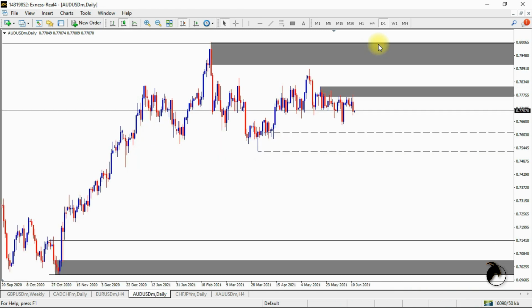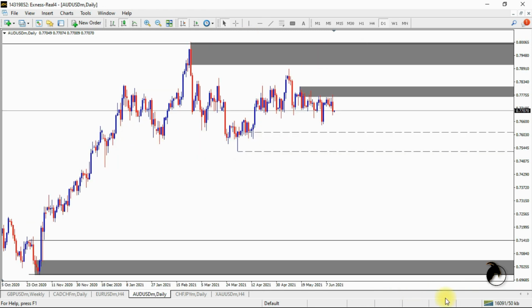So on daily, this is a trading opportunity. Should this one be taken out, we won't be looking for buying opportunities. Instead, we will look for selling opportunities on this zone. But this zone currently is the zone that is holding price, and we took this sell as well, and we are still looking for selling opportunities down to this one.